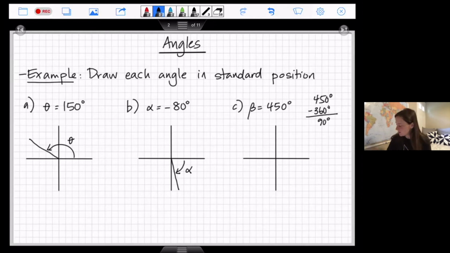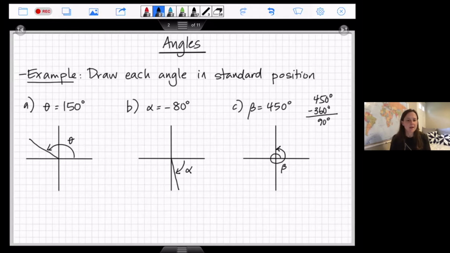So counterclockwise, because it's a positive 450, a full circle plus 90 degrees, and that's our beta. Okay, so you can also see here why that arrow is very important, because it signifies that this is a 450 degree angle rather than just a 90 degree angle. And even though those two angles land you in the same spot, they're not the same angle. Like if you're on a skateboard, going 90 degrees is not the same thing as doing a 450 degree turn.